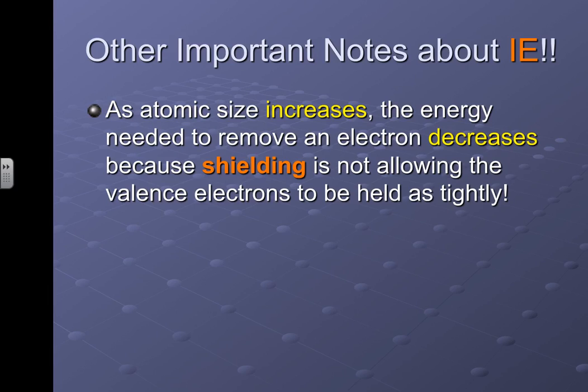Cesium has more shielding energy levels, which means that the nucleus of cesium is not able to reach out and grab a hold of those valence electrons as easily.